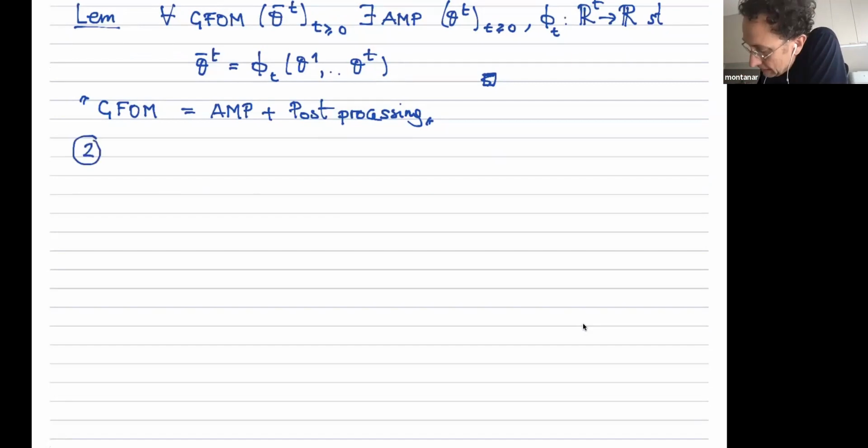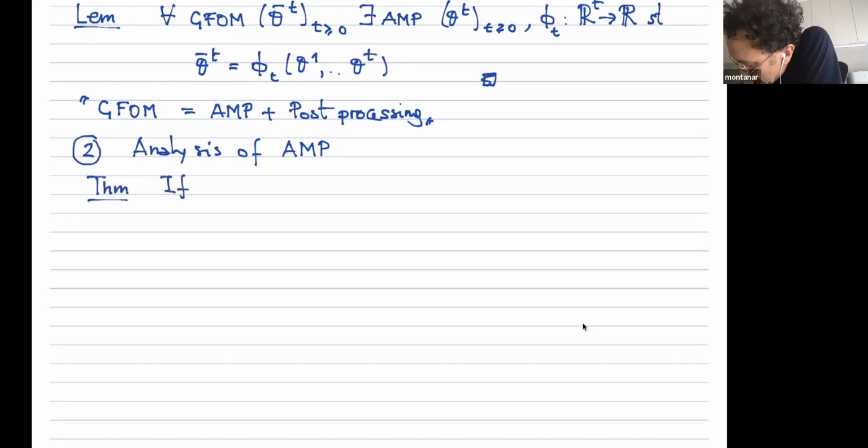Now, the second point is the analysis of AMP. And let me write a theorem now. I wrote this theorem in another form for regression, but let me write it here because it's more explicit.